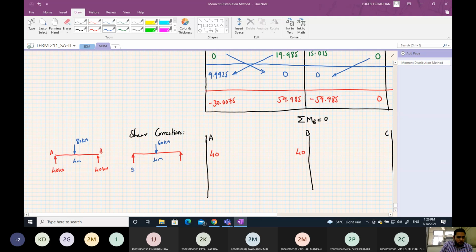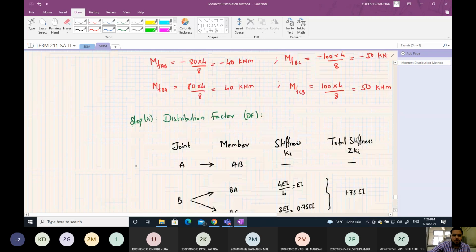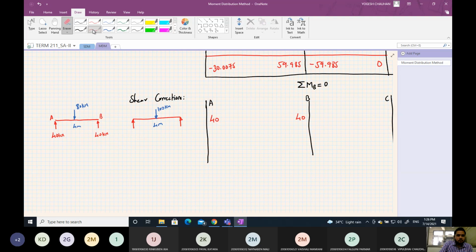So this will be, wait a minute, it is 100 kilonewton. So this will be 50 kilonewton. So 50 and 50 here.